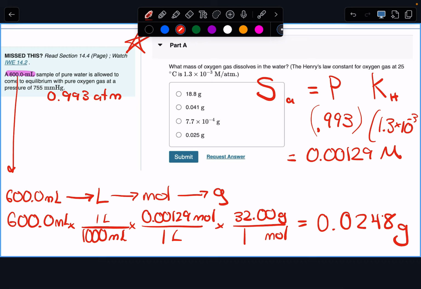When I worked through the test, I simplified some things, like converting this part for them, so that it's focusing you on the actual problem, and you're not going to get stuck on the millimeters of mercury or something like that. So if you can do this comfortably, you're probably going to be fine on a Henry's law problem on the exam.